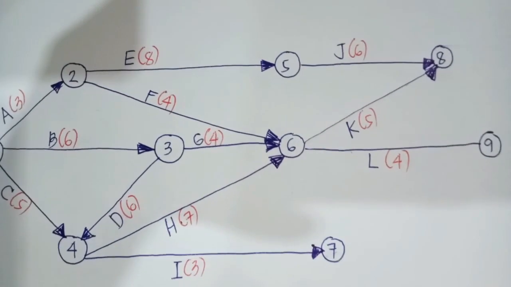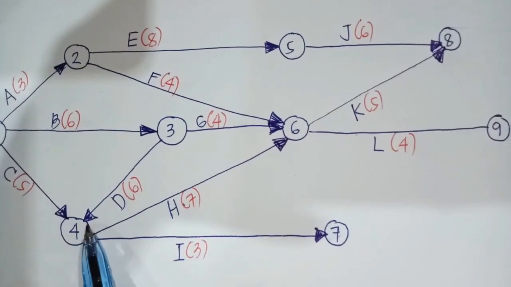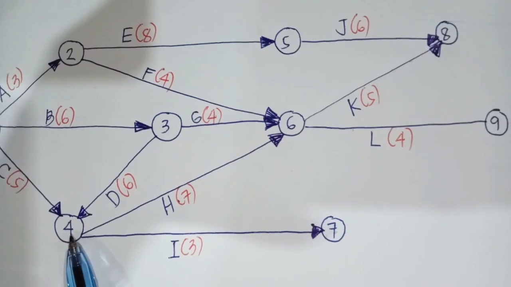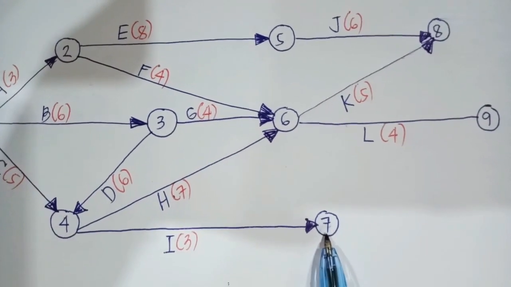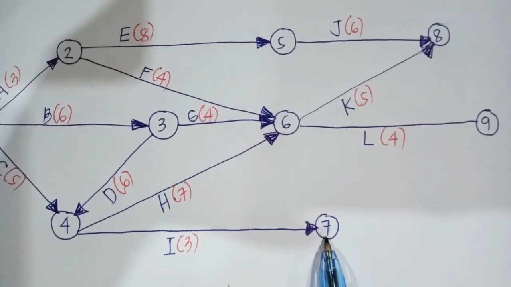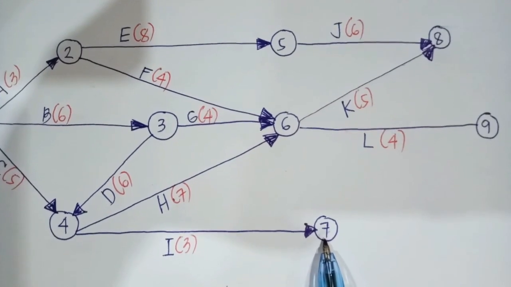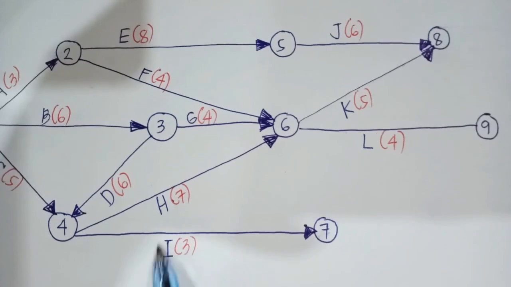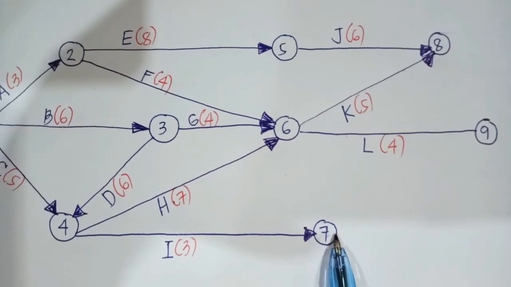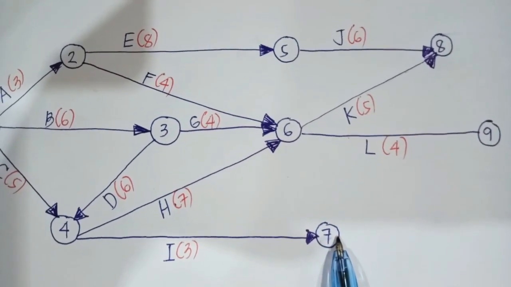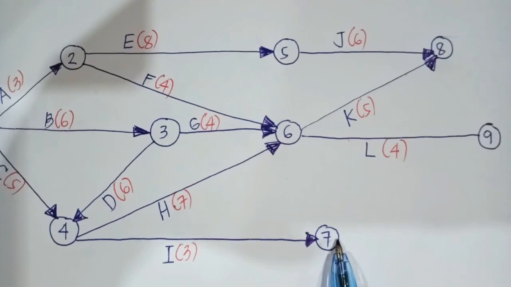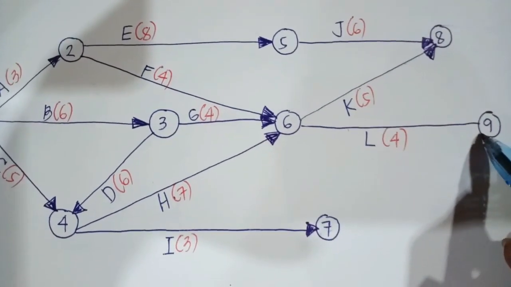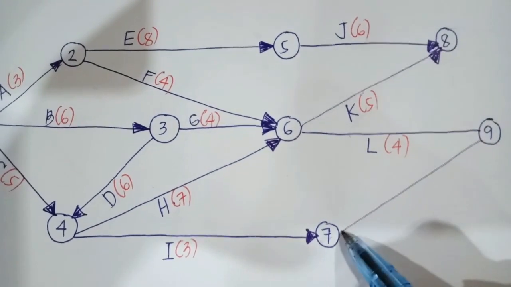Now, as you can see in our network diagram, this is our activity I. Node 4 is the starting point of activity I and node 7 is the ending point of activity I. And remember, like I said earlier, our activity M starts where I ends. Now, since this is the ending point of activity I, this is where we will start with our activity M. So if we draw our network diagram, this is where M is located.